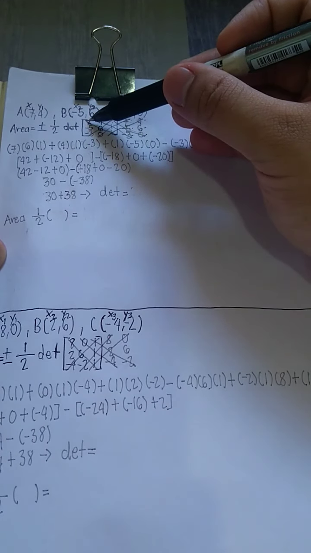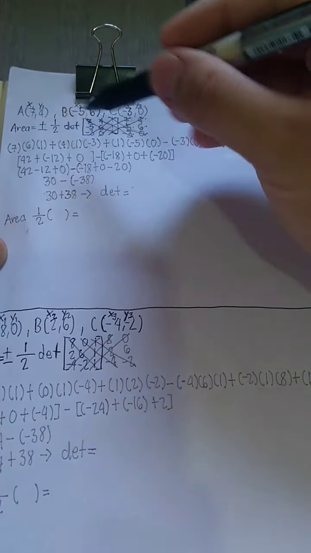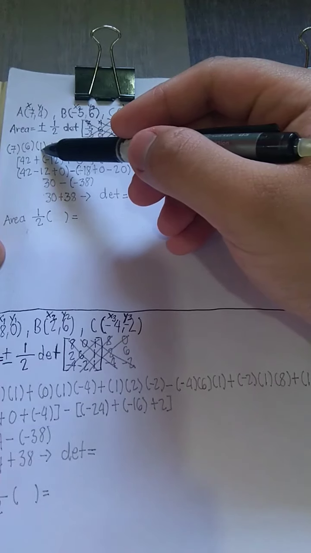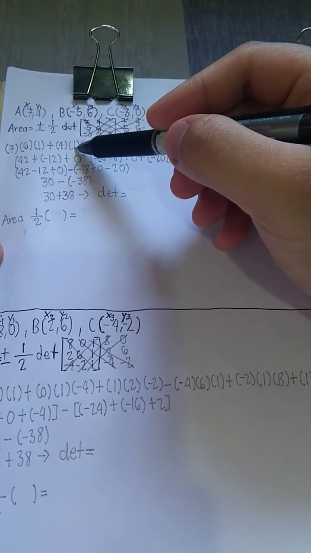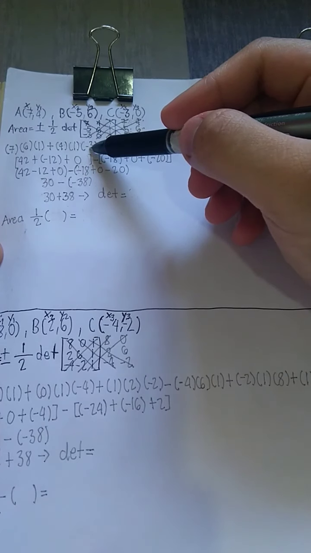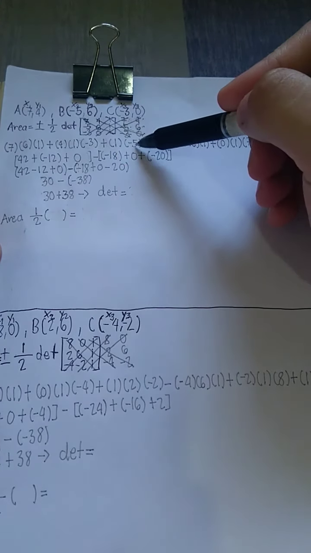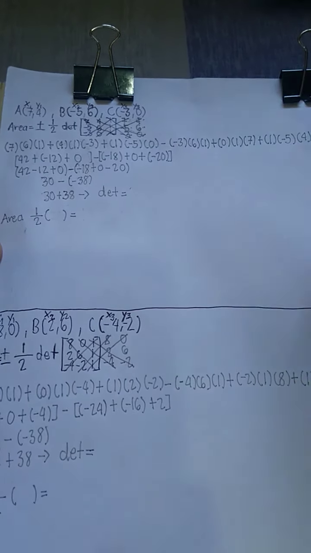Next, going diagonally down for all 3: 7 times 6 times 1, plus 4 times 1 times -3, plus 1 times -5 times 0.